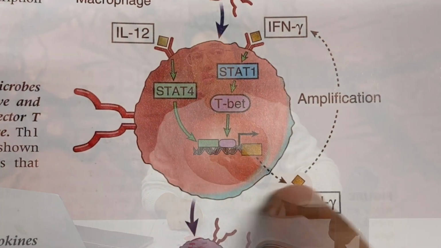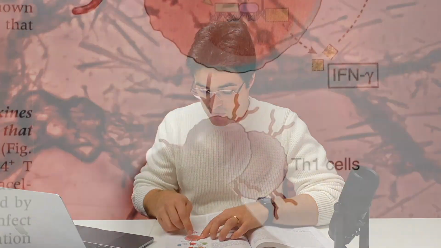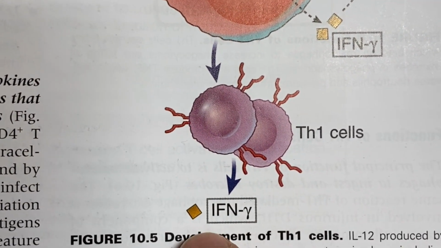And the DNA will tell the cell, hey, the environment is telling me here to change, so let's change. They start expressing specific genes that were previously sleeping. And the genes are nothing but another recipe that will tell the cell what it should transform to. So it will transform into a Th1 type of cell.